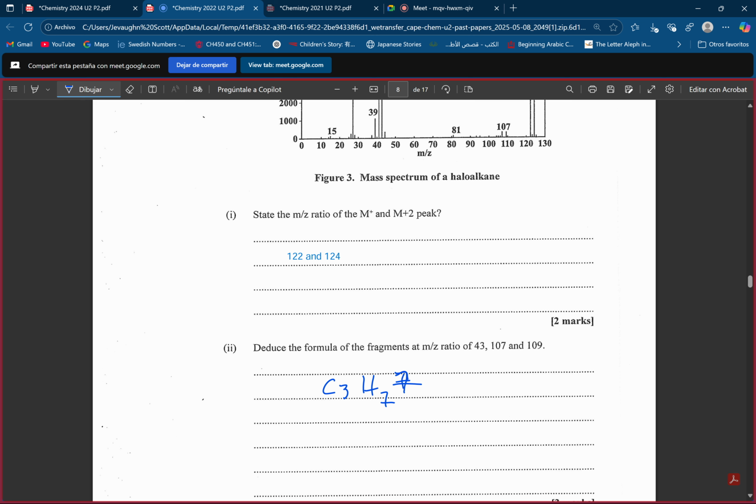The next one would be what? What would 107 be?